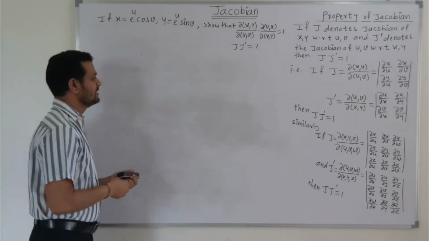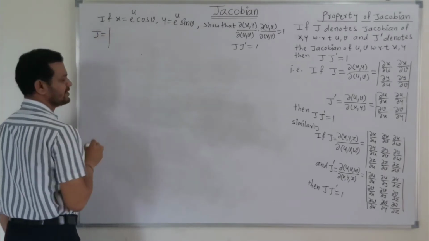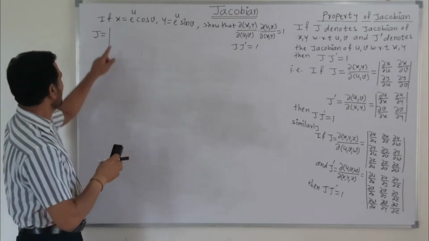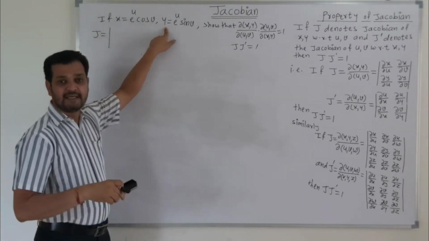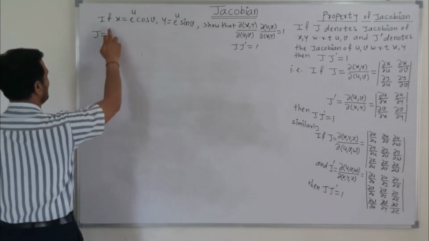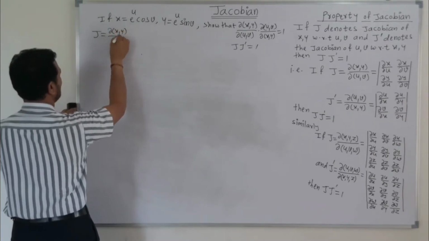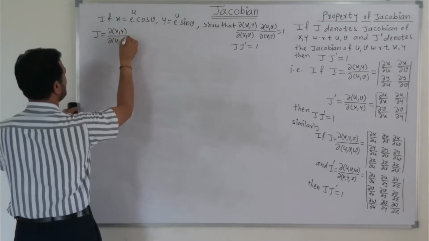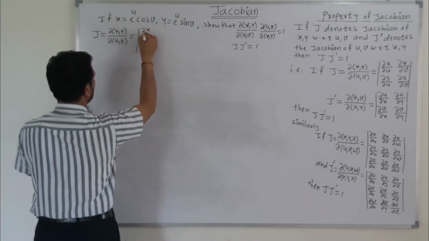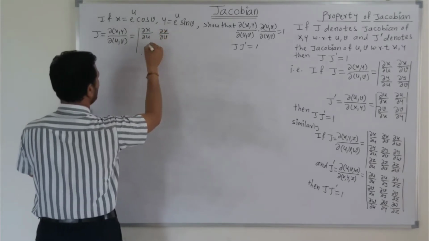Let's try to solve this example. If we find the value of j, here j stands for Jacobian. But observe that x and y are dependent variables and u and v are independent variables. So here j stands for the Jacobian of xy with respect to uv, which is defined as the partial derivative of x with respect to u, partial derivative of x with respect to v.